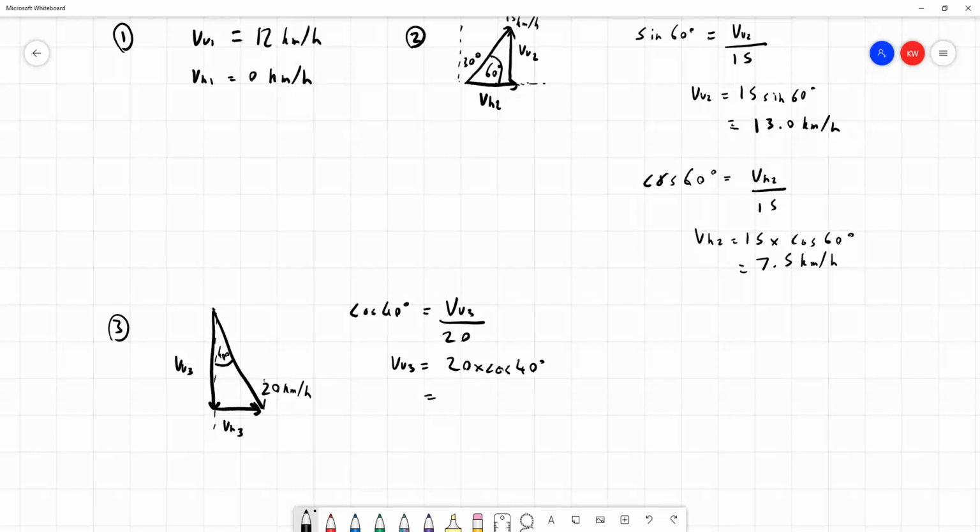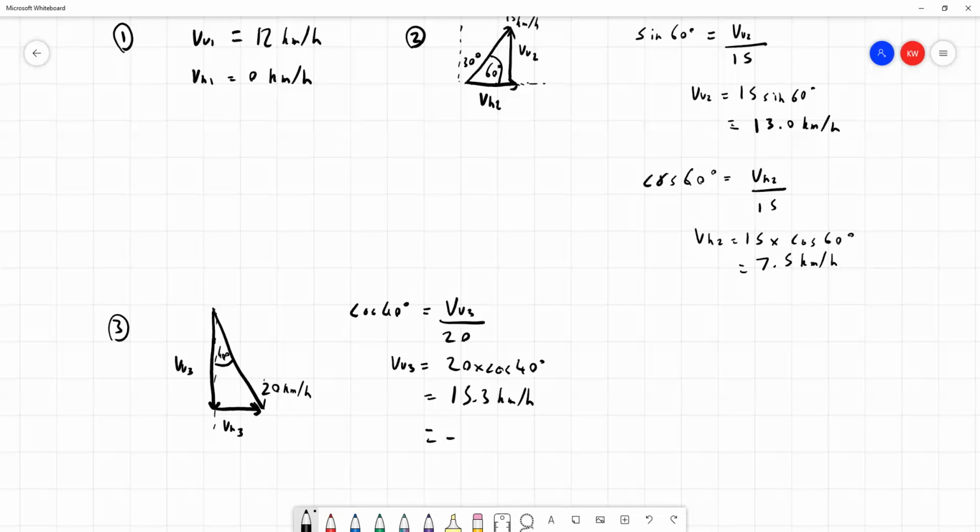And this gives us 15.3 kilometers per hour. But here we have to be careful because this is heading downwards. So we can either write 15.3 kilometers south, or we could give it a negative.